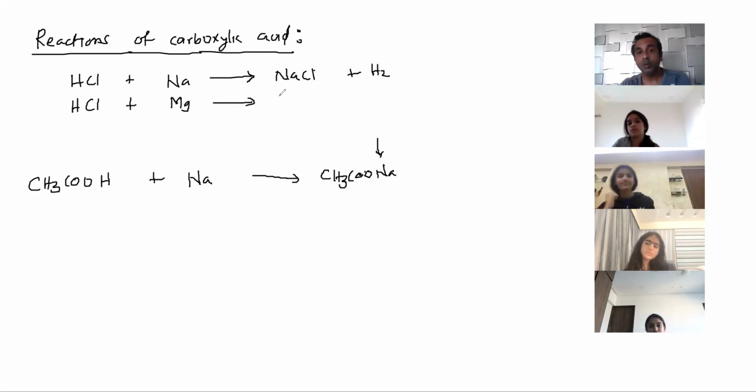So what is the product here? MgCl2. With magnesium, I had to take 2 chlorines, MgCl2, and NaCl, not NaCl2. With Na there is only one, because Na can lose only 1 electron, Mg can lose 2 electrons. Sodium's charge is 1 plus, so magnesium's charge is 2 plus.